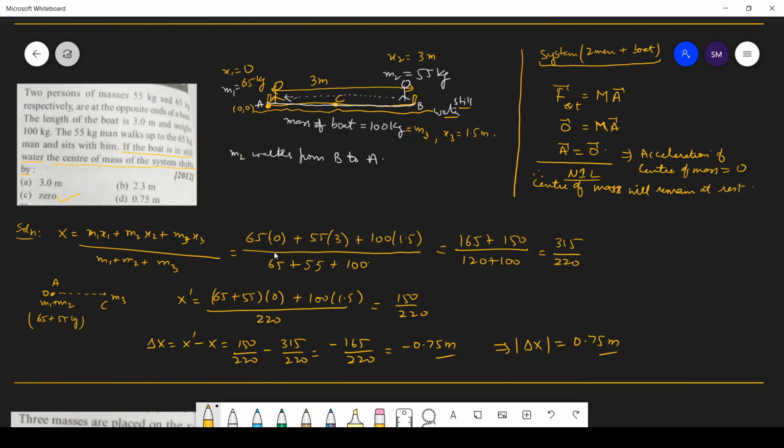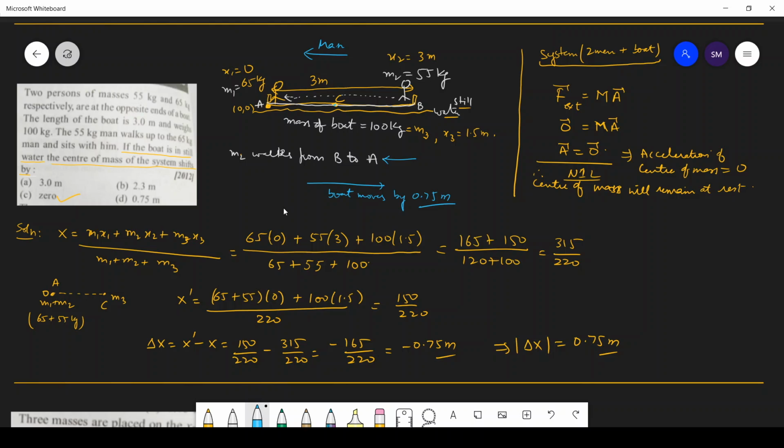If the man is moving this side, the boat will move this side, and it moves by 0.75 meter. So the center of mass will remain here.